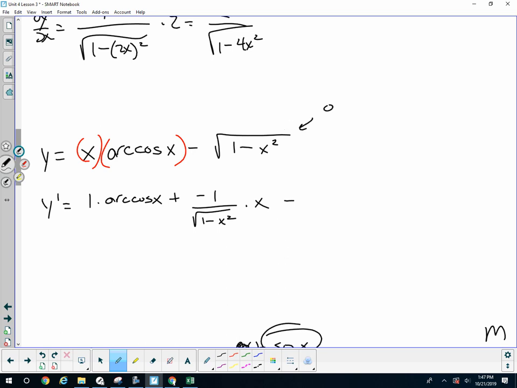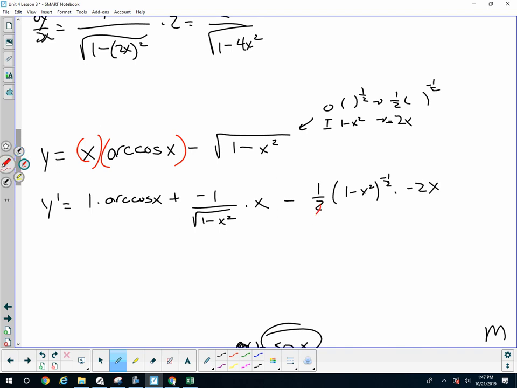This is a chain. We had a derivative of a root earlier that included a chain. So derivative of the outside times the derivative of the inside. And let's see what that looks like. I got a 1/2, 1 minus x squared to the negative 1/2, times negative 2x.